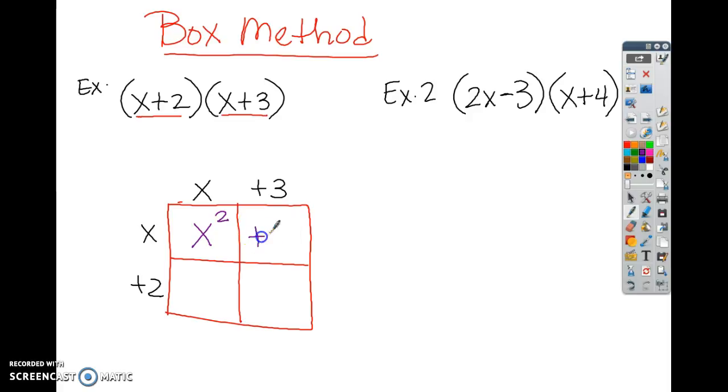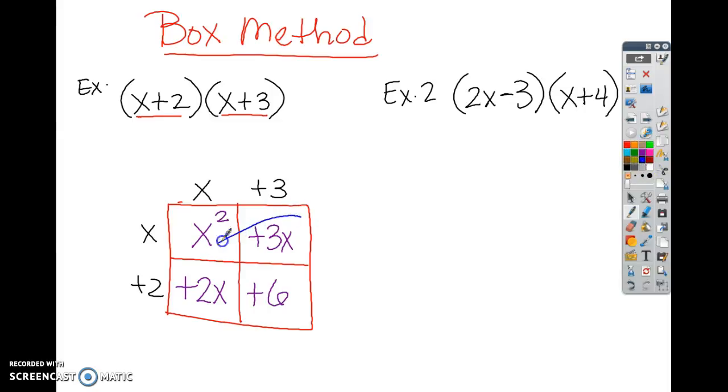So that gives you positive 3x. In this box, what 2 things am I going to multiply? The 2 times the x, right? Because that's where the 2 and the x meet. So that's positive 2x. And then 2 times 3 goes at the last box. That's positive 6.